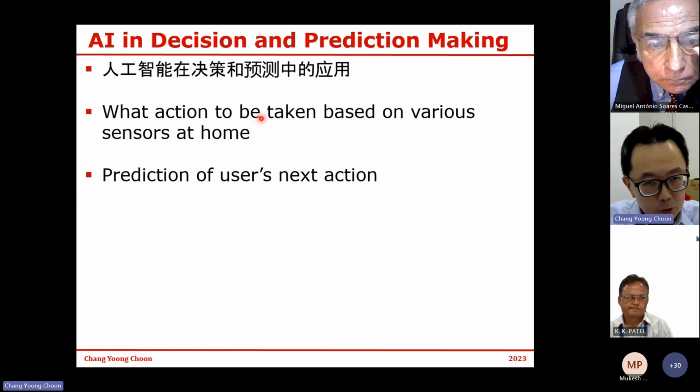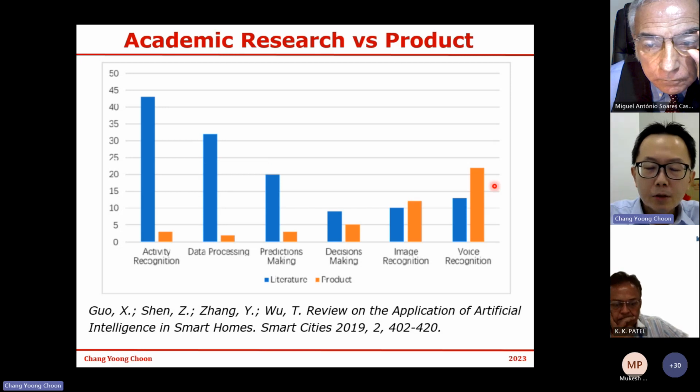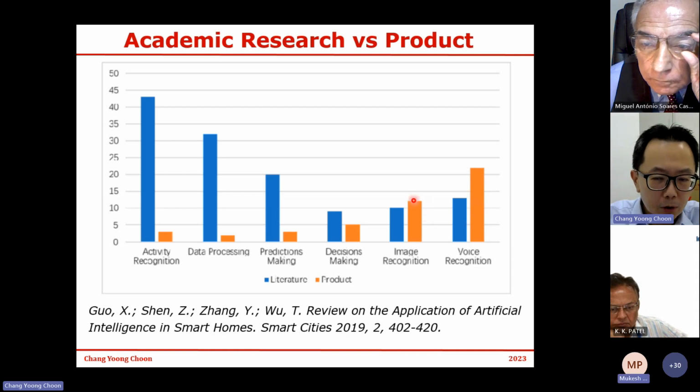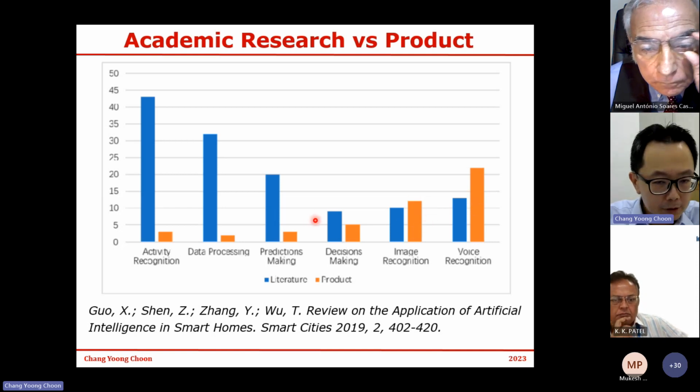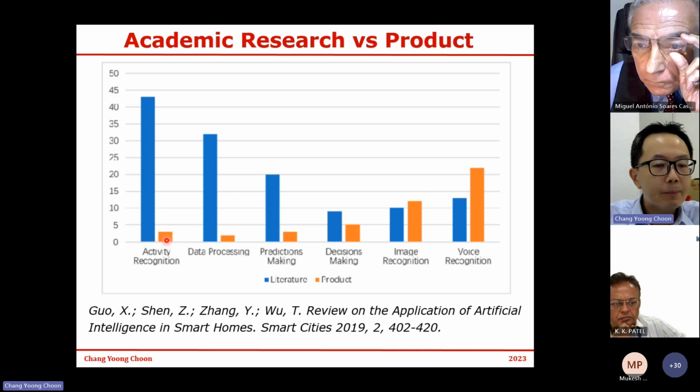Next, as you can see, based on this research, a lot of the products, the orange color, are on voice recognition, and a lot on image recognition, but not many products in prediction making, and not many commercial products in activity recognition.